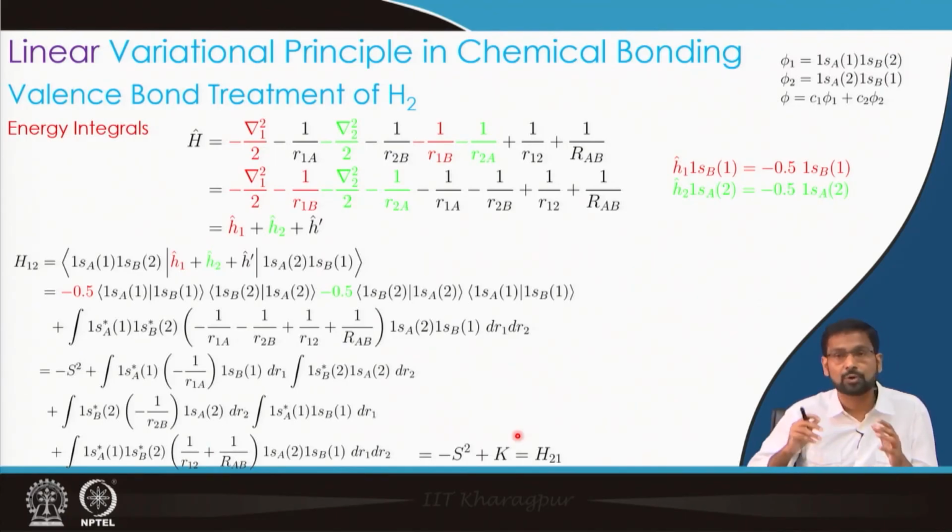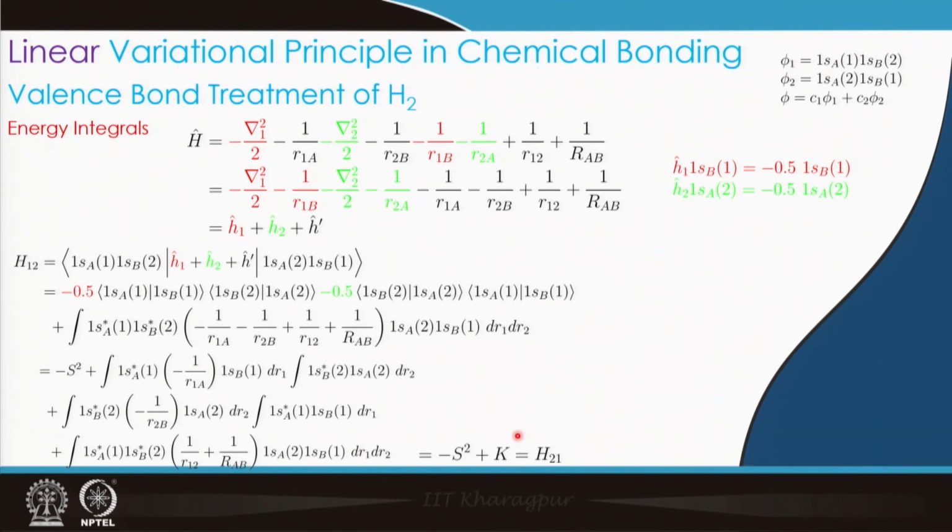So far in this lecture we have calculated the matrix elements, the energy integrals and the overlap integrals. Now we have to plug them into our 2 by 2 determinant and go for the solution. But this part we will do in our next lecture.